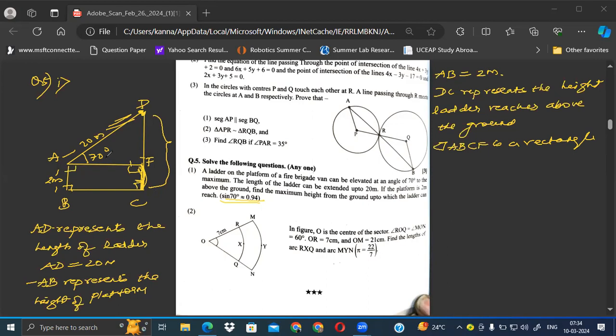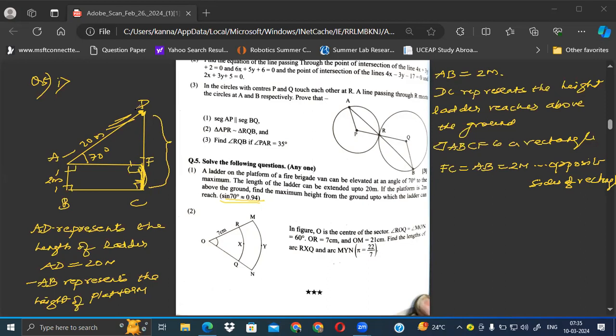So FC equals AB equals 2 meters, children, opposite sides of a rectangle. Now you can see a part of the real answer we got, okay?